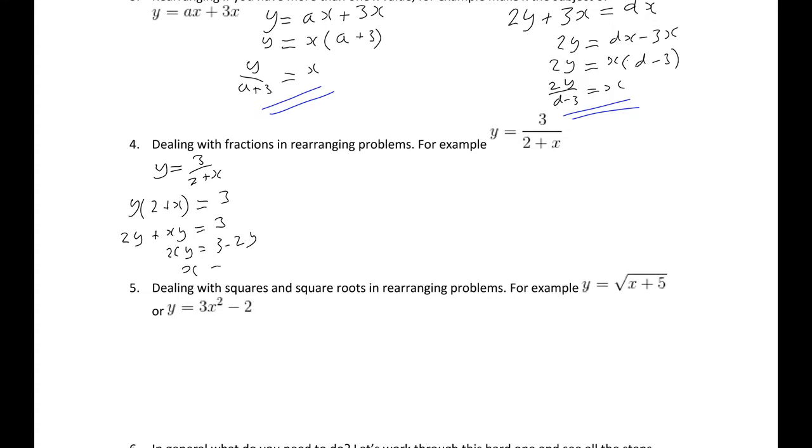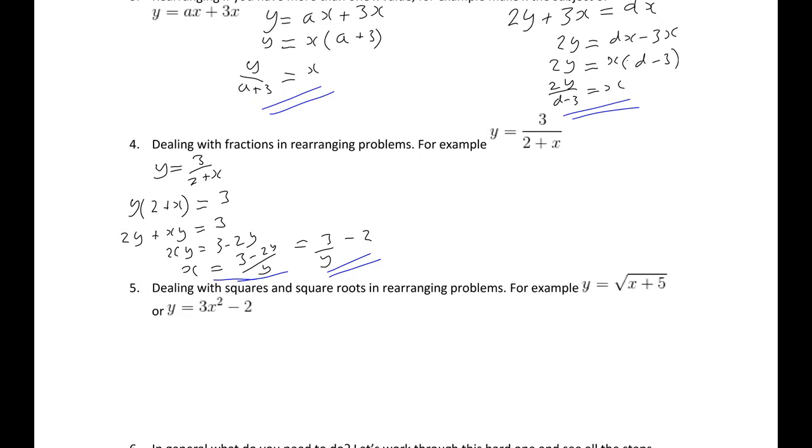So x equals 3 minus 2y all over y. Now you could have written that out as 3 over y minus 2 by splitting the fraction up into two separate fractions and cancelling the y in the second fraction. That's not really the aim of this video. I just wanted to show you that was possible in case you come out with it in that way.